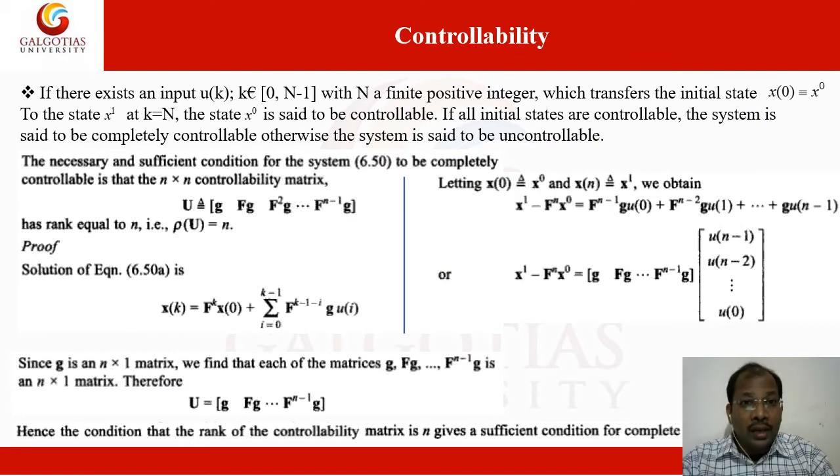Controllability means: if there exists an input u(k) in discrete form, where k varies from 0 to n minus 1, with n a finite positive integer, which transfers the initial state x0 to the state x1 at k equal to n, the state x0 is said to be controllable.